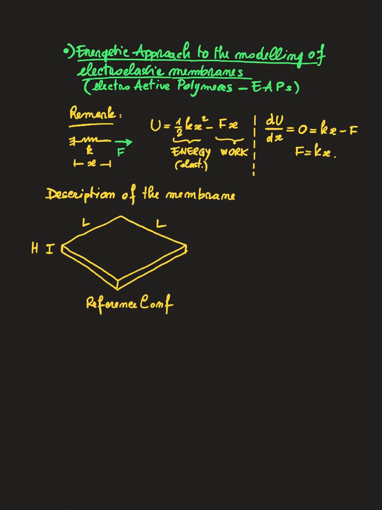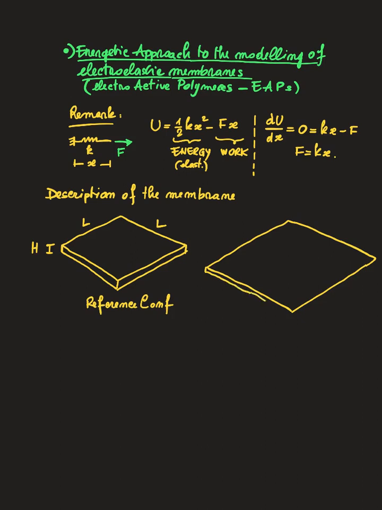So let me draw in this second configuration the equibiaxially deformed membrane. It will be, in any case, flat like that. So the membrane is increasing its dimension, and as a result, the thickness is being reduced.